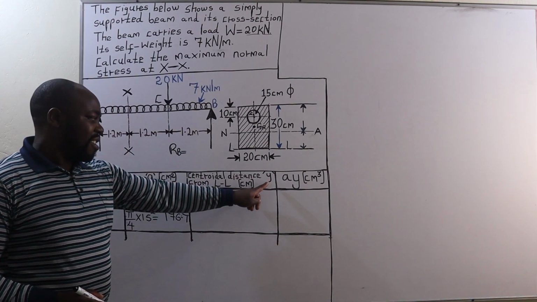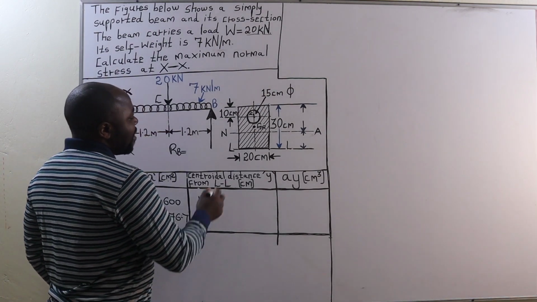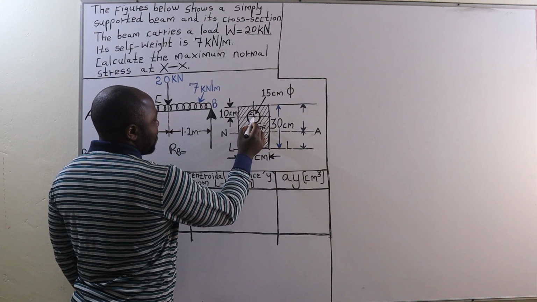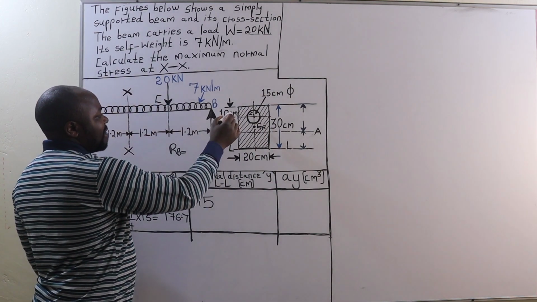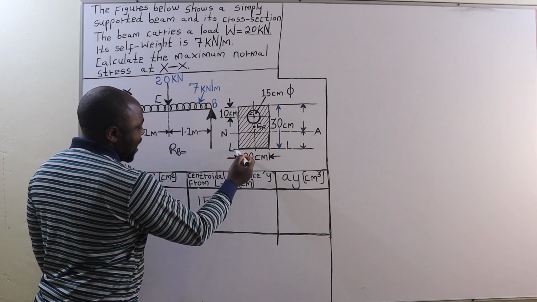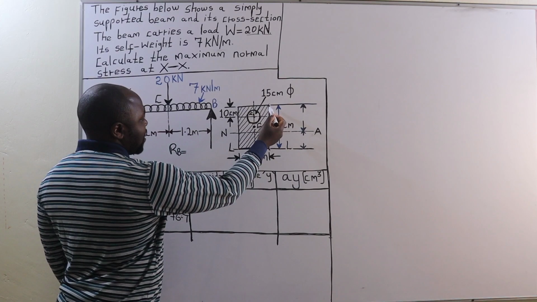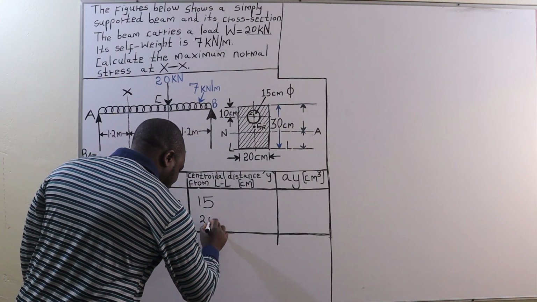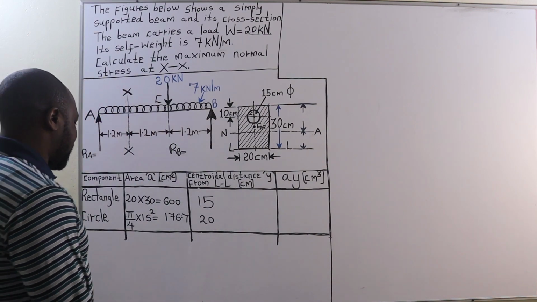The centroidal distance y from LL for the circular section: from the top surface of the beam to the center of gravity of the circle, which is this point, is 10 centimeters. The remaining distance, from the center of gravity to LL, will be 30 minus 10, which is 20 centimeters.